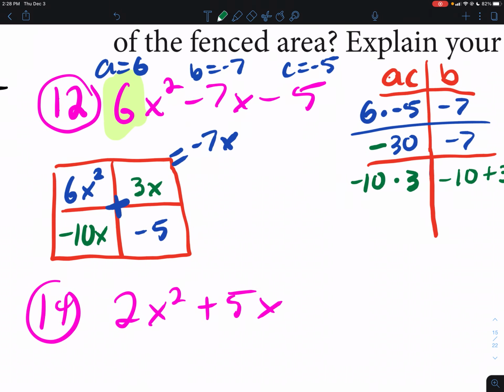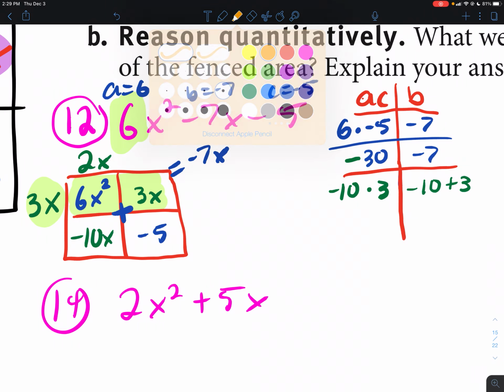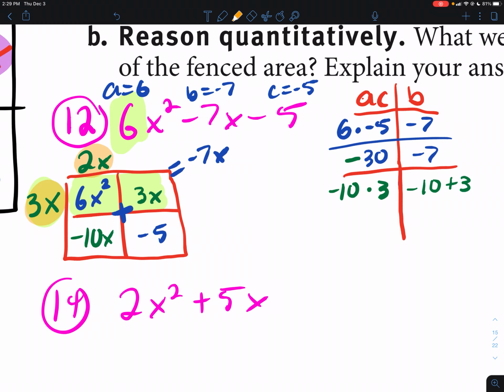And now this is the new part that's a little tricky. You have to look for the GCF here. 6x squared and 3x. What is their greatest common factor? Well, they're both divisible by 3 and they both have an x. So 3x would go there, which would mean we would have 2x here because 2x times 3x is 6x squared.